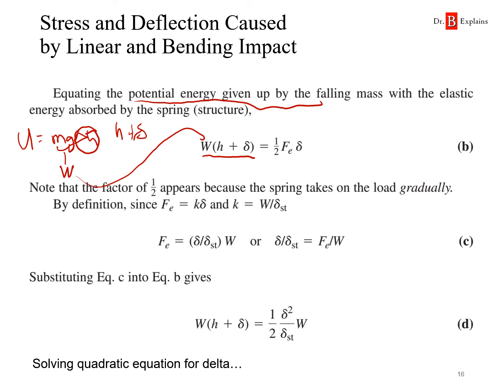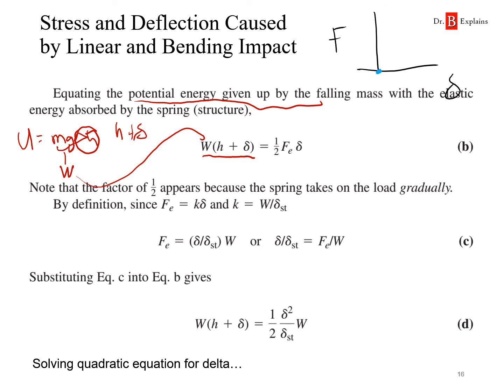What is the energy absorbed by the spring? So make a plot over here of force times deflection. When that mass first hits the spring, when it first makes contact, just before it touches, the force is 0.